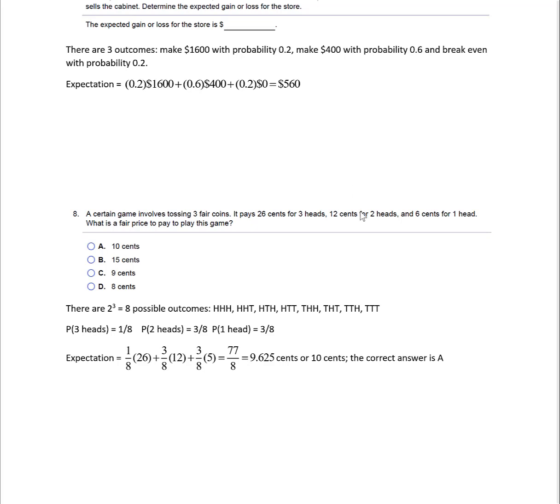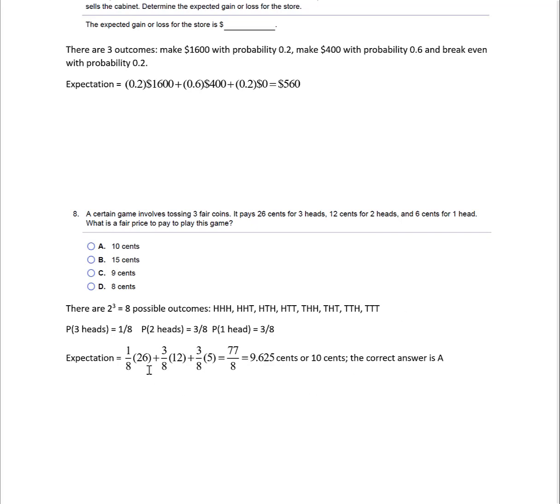And now, remember looking at sample spaces that we learned about in Unit 5, we noticed that we can see there is only 1 outcome with 3 heads, so the probability of getting 3 heads is 1 over 8, and we get 26 cents for that. The probability of getting 2 heads, there's 3 outcomes that have exactly 2 heads. That probability is 3/8. The same thing for getting 1 head, there are 3 outcomes, so that's also 3/8.